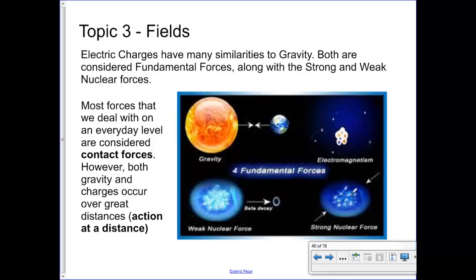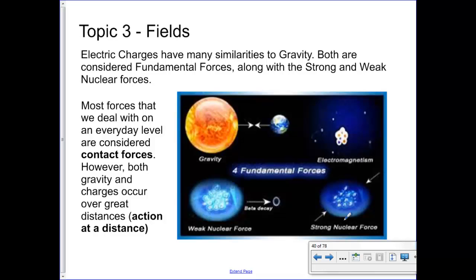The last one is called a strong nuclear force. This is the strongest force, I believe, that there is. Think of the nucleus of any sort of atom. In the nucleus, you've got neutrons and you've got protons, right? Protons are all positively charged particles. Do positives want to stand next to other positives? So ideally, what should happen is a nucleus should want to just blow itself up, right?